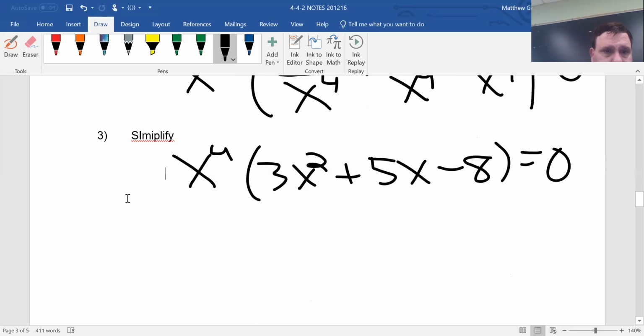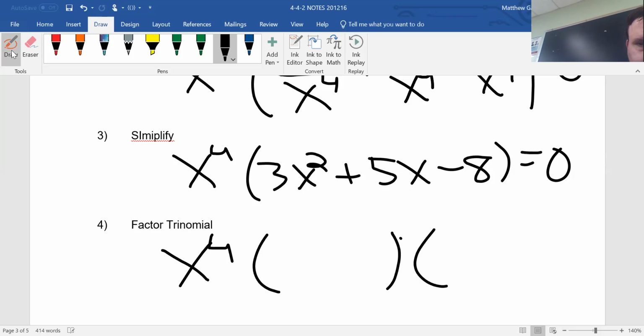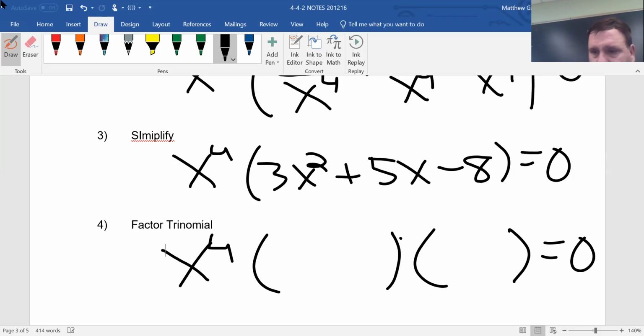That's the big change today: when you factor the trinomial, we want to use divide and slide here.